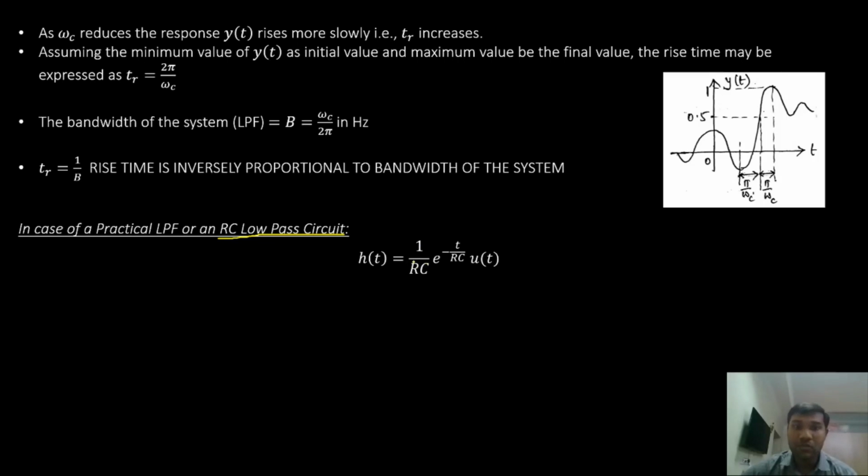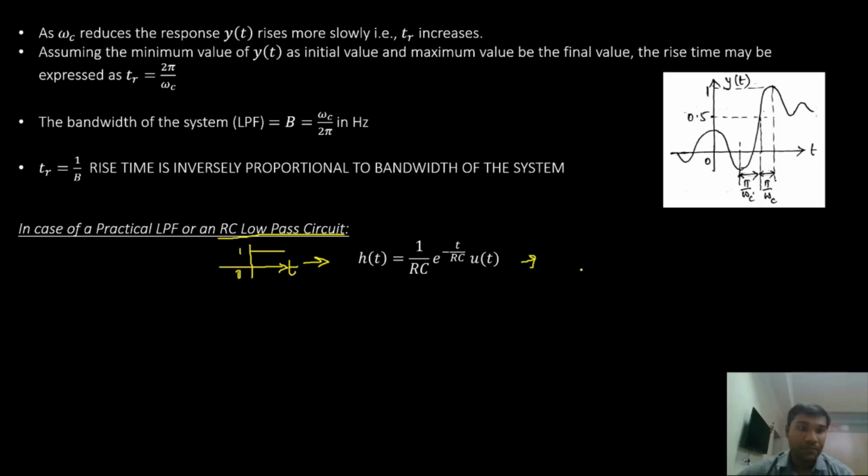H of t is equal to 1 by RC e power minus t by RC into u of t. Now assuming I am applying a unit step as input to the filter, what will be my output?